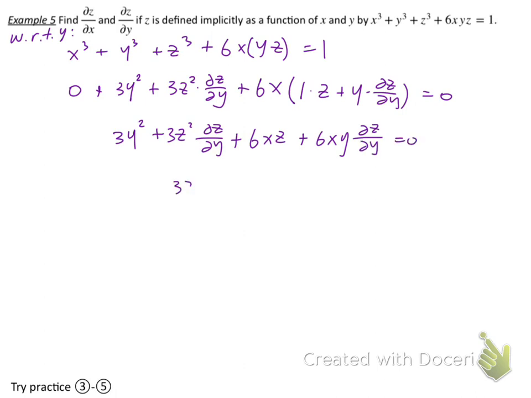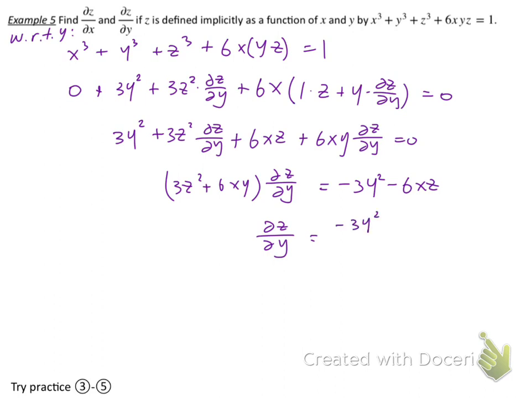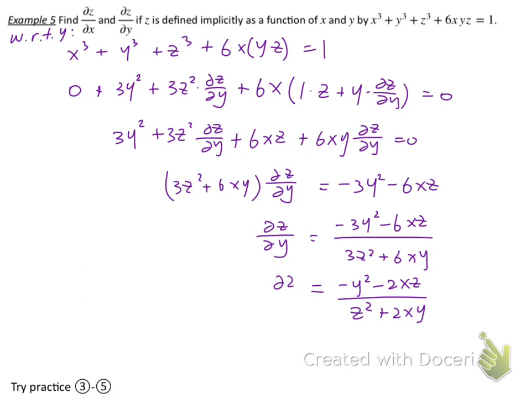And then I keep my 3z squared plus 6xy on my left, and I throw the other two terms on my right. Then I'm having partial z partial y equals negative 3y squared minus 6xz over 3z squared plus 6xy. And reducing the 3, negative y squared minus 2xz over z squared plus 2xy. That's my partial z partial y.